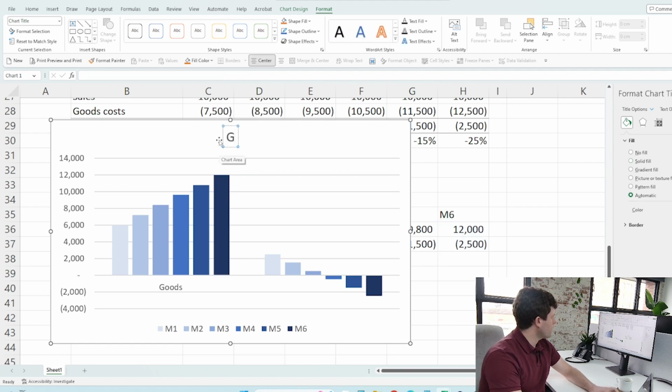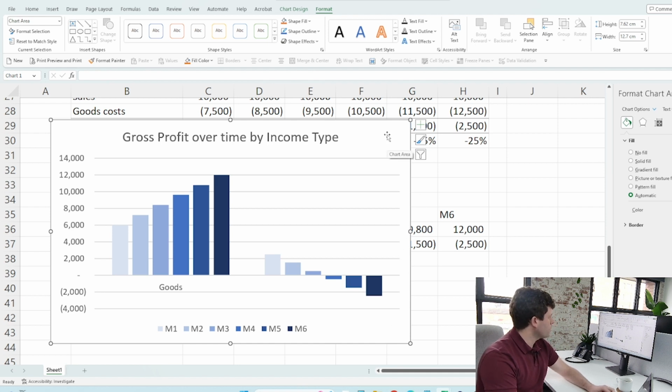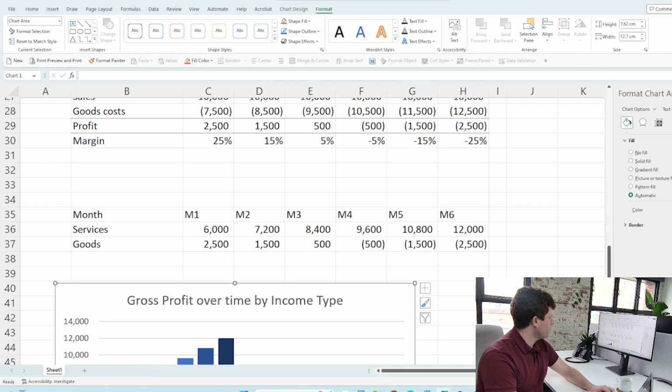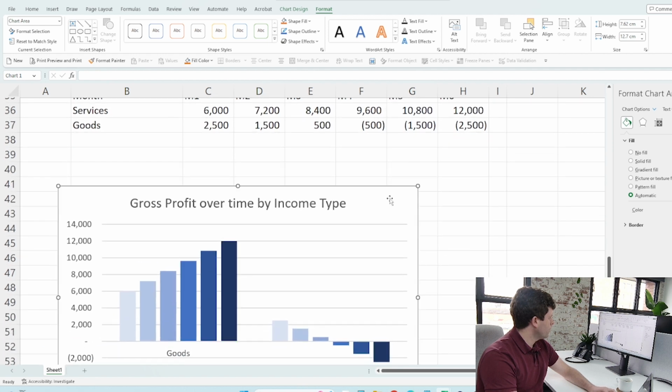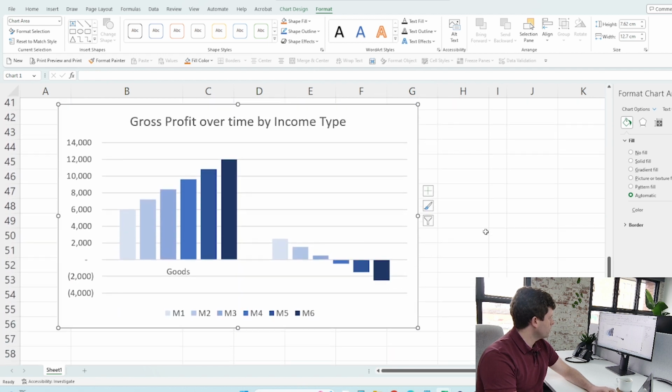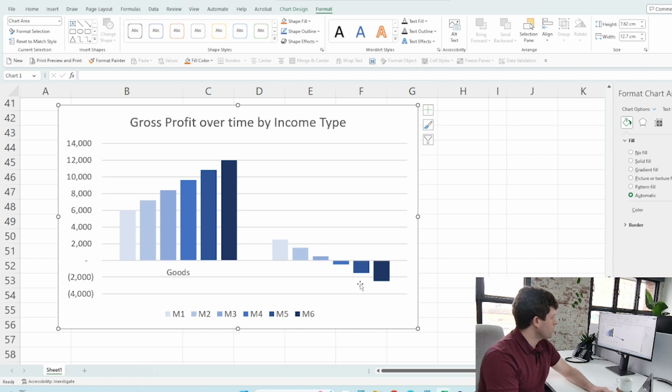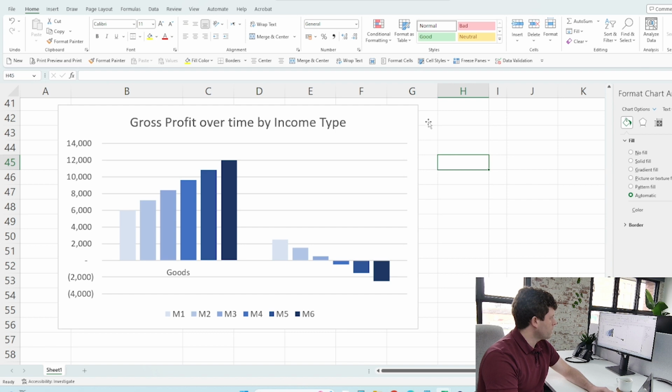Every good graph needs a title: gross profit over time by income type. And here we go. I think this now demonstrates quite nicely how the business is, well, excuse me, showing where the business is doing well and where the business is now losing money.